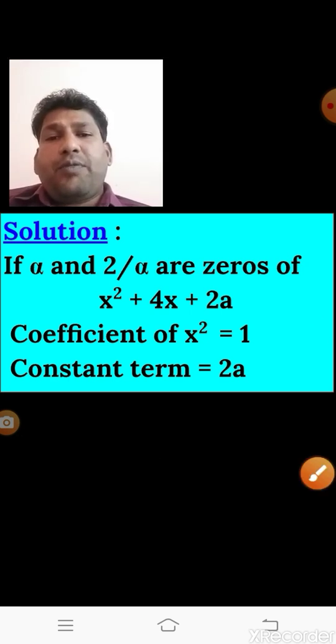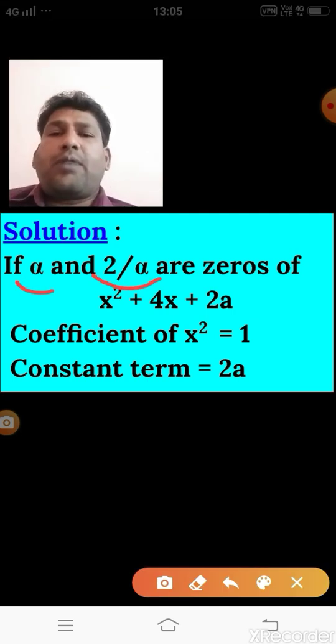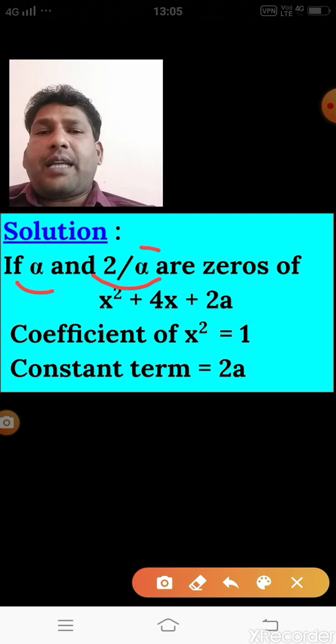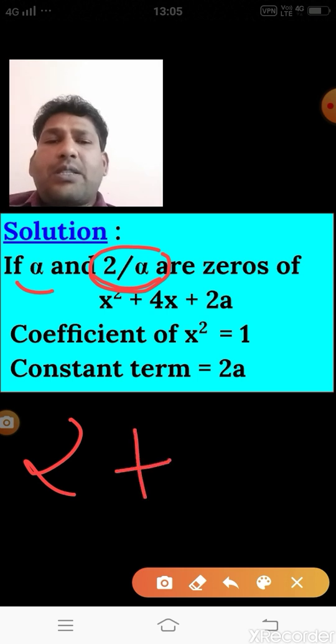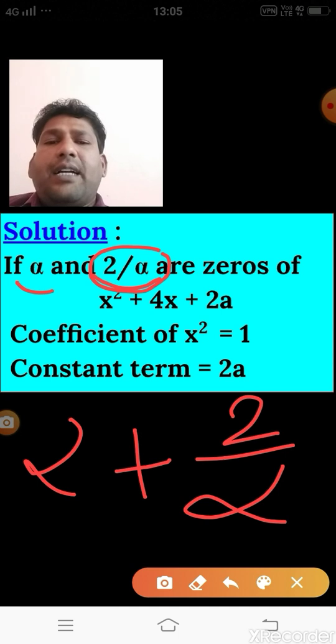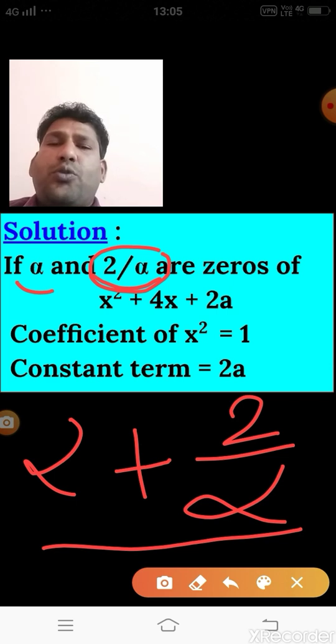Then which do we have to use? Should we find alpha plus beta, the sum of zeros? Here the zeros are alpha and 2 upon alpha. If you add these two, alpha plus 2 upon alpha, then on taking the LCM you get alpha square plus 2, and that becomes much more complicated.